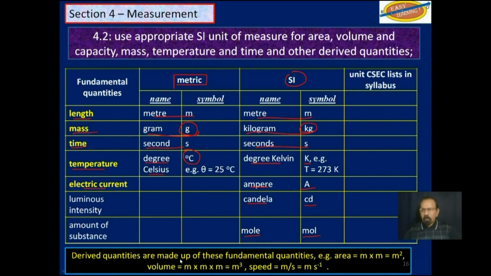Derived quantities are made up of fundamental quantities. Now remember, what you see here are the fundamental quantities on the left there. So if you find the area, you're multiplying meter by meter and you get square meter. That is a derived quantity from the fundamental quantity meter. If you find volume, you multiply meter by meter by meter, and you get cubic meters. Cubic meter would be a derived quantity from the fundamental quantity meter.